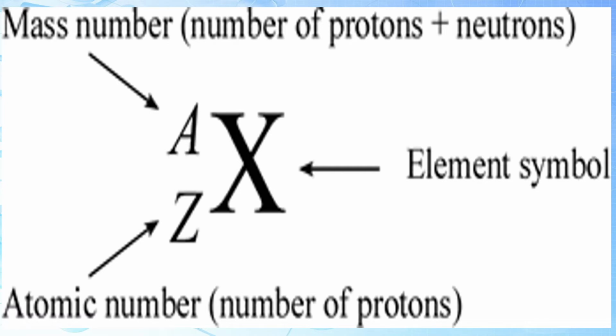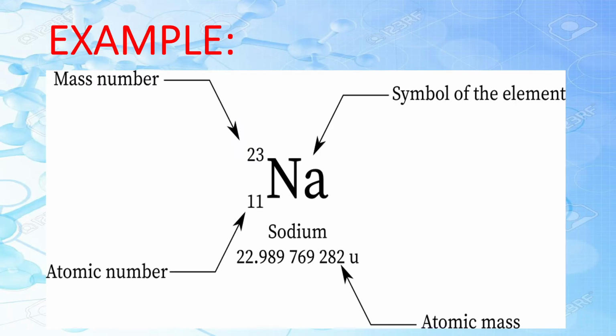The atomic number of an element is equal to the number of protons in its nucleus and to the number of electrons around the nucleus in a neutral atom. And X here is the element symbol. For example, we have the element Na, which is the symbol for sodium.